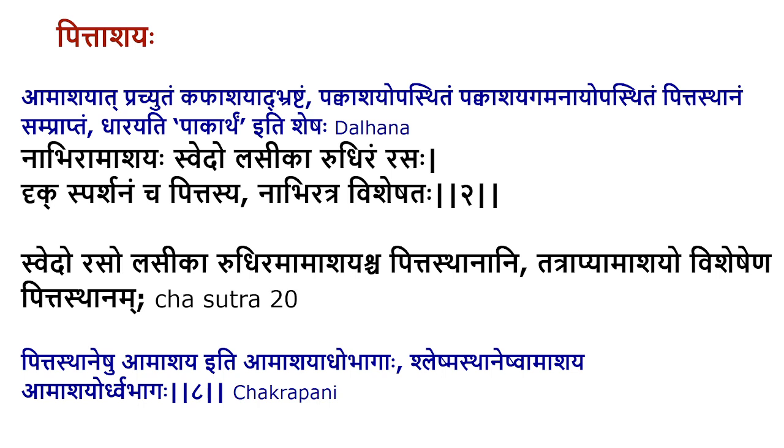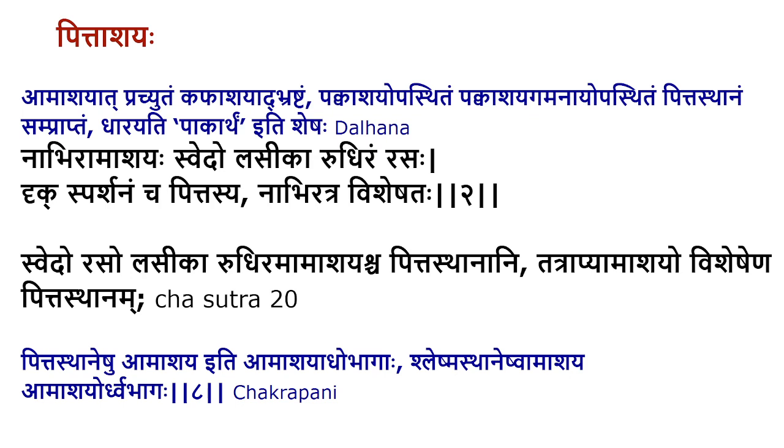According to Vagbhata, the locations of Pitta are Nabhi, Amashaya, Sweda, Lasika, Rudhira, Drik, Sparshana. The word Nabhi in the literature is considered as umbilicus, but it need not be rigidly accepted as umbilicus. Rather, it would be the central abdomen, relating to structures in the central abdomen, particularly the stomach and the duodenum.